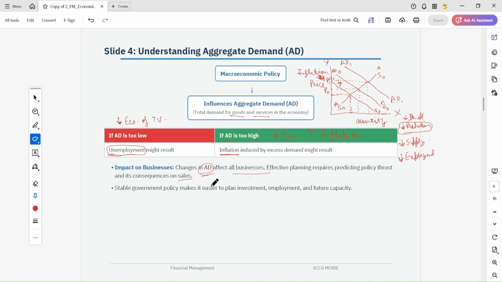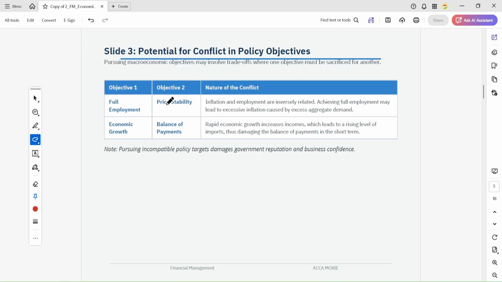Stable government policy makes it easier to plan investment, employment, and future capacity. So if you have a stable government, then you can easily plan the investment, employment, and future capacity. Okay. Between these objectives, there are conflicts.